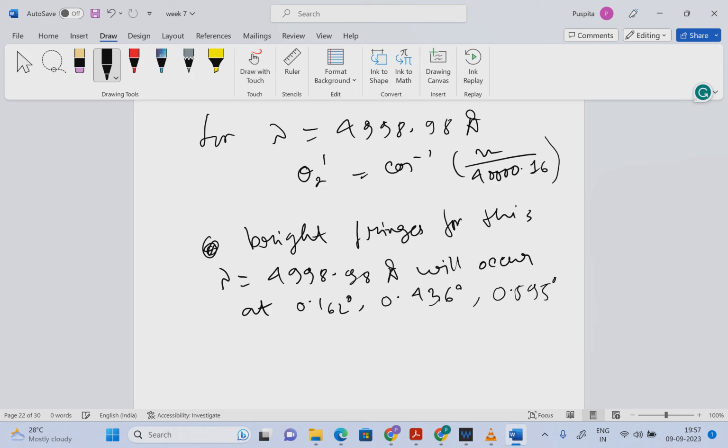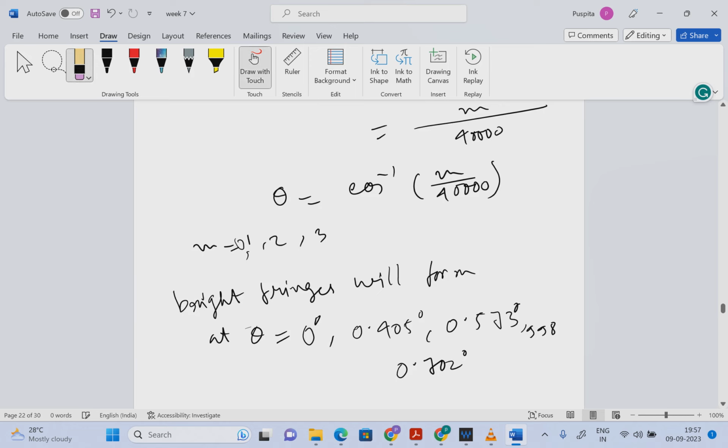If we put m equal to 0 or 1, that will give us an angle of about 90 degree and all.